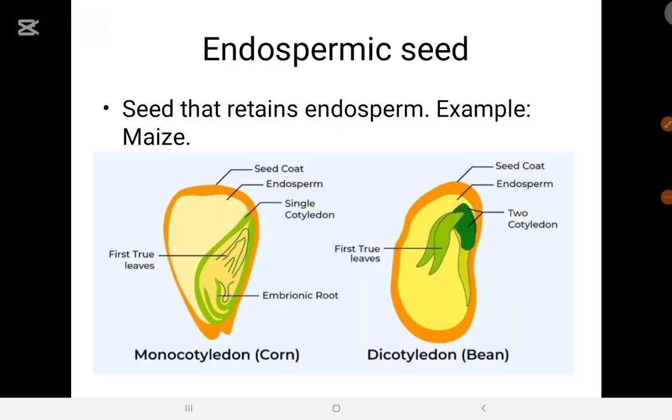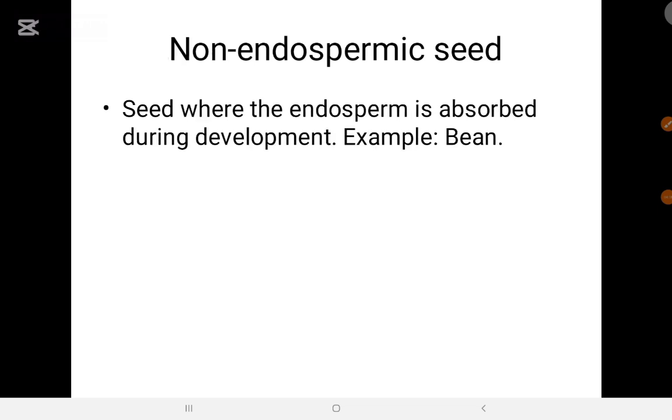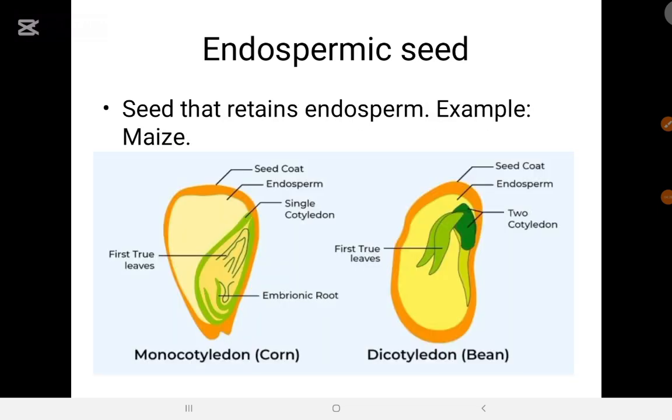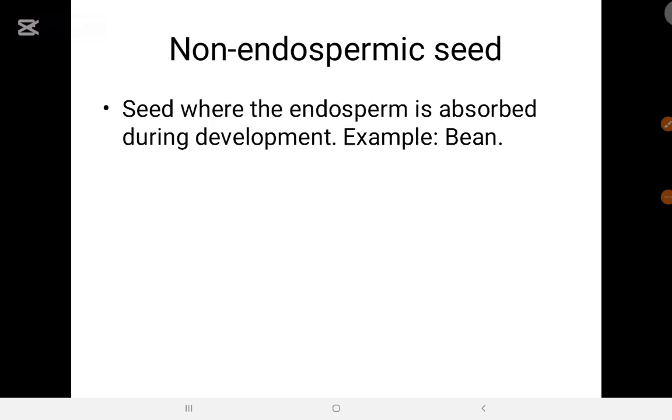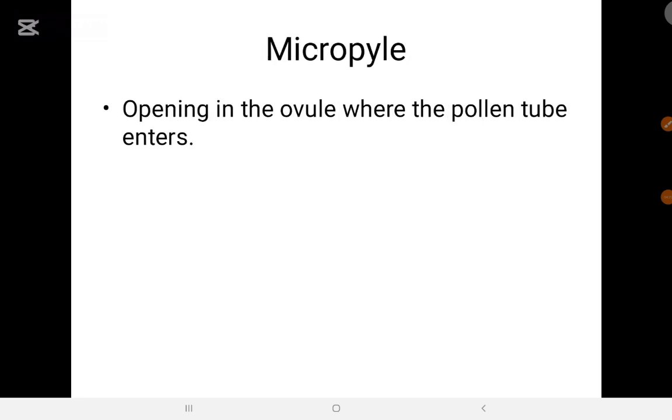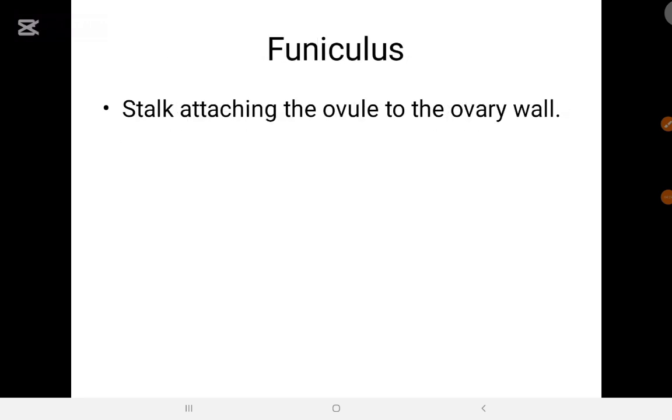So the endospermic seed is a seed that retains endosperm. And then there is the non-endospermic seed. The endosperm, we said, is the food store.